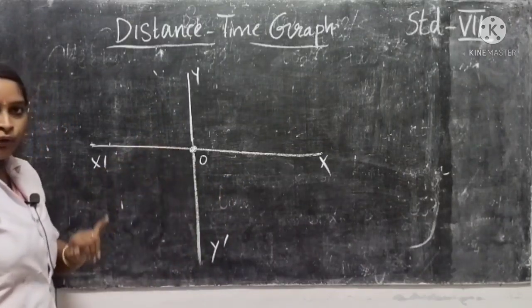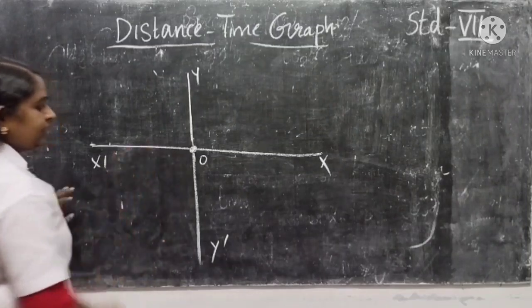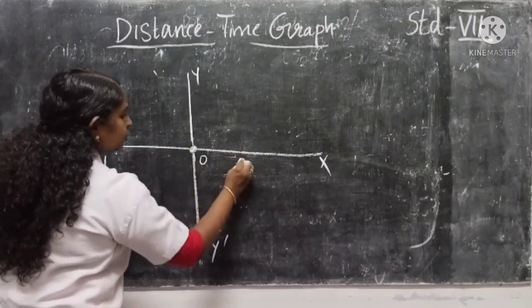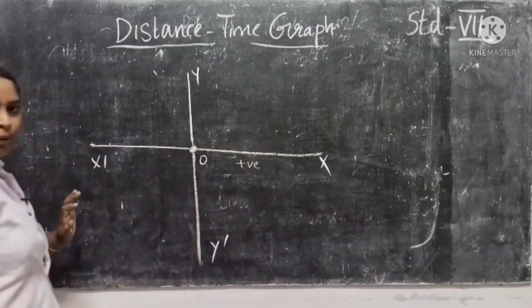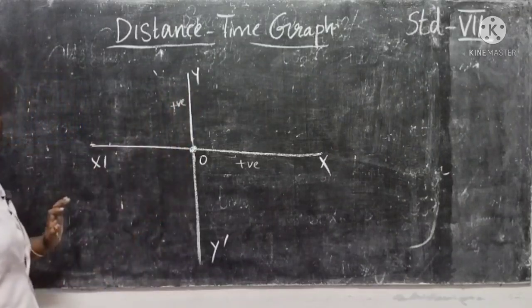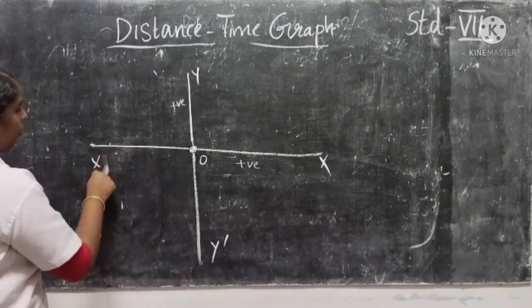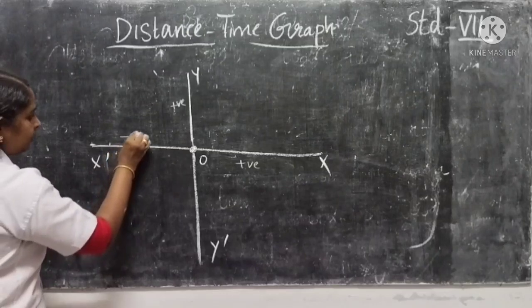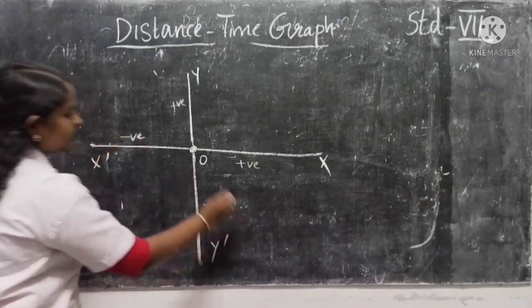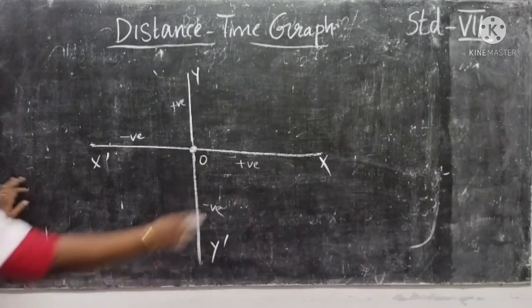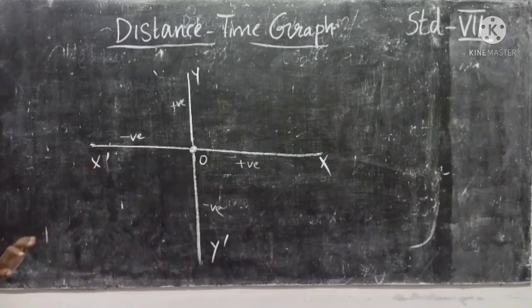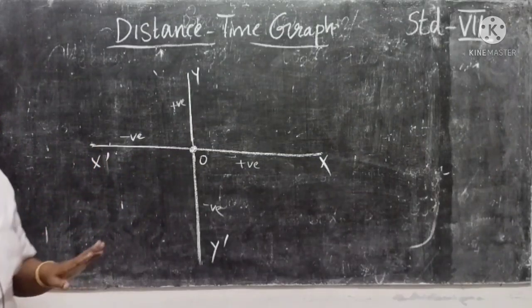OX and OY are represented by positive values, while OX dash and OY dash are represented by negative values.